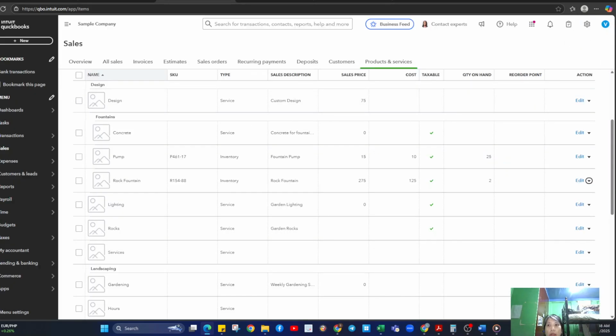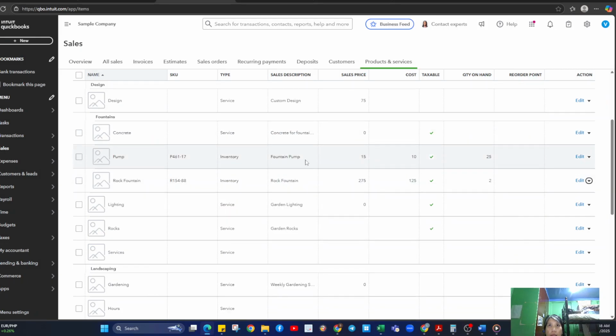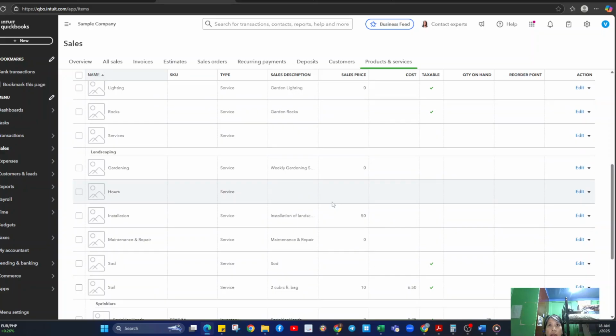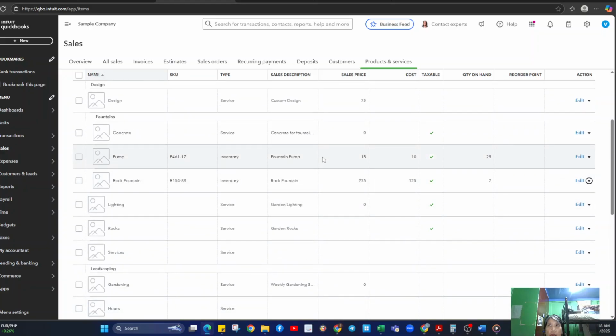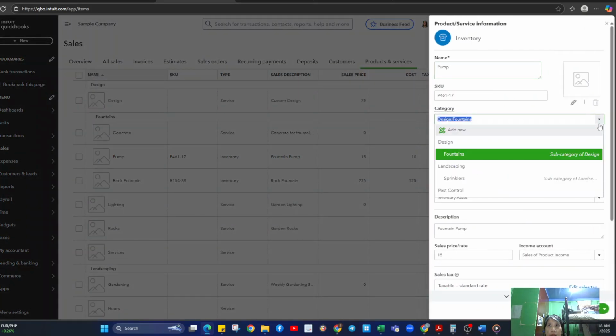But what about pumps? I don't know if there's a category for pumps. There's no pumps, but there's something that they have to also look into, because if pumps would fall under sprinklers, that's okay. If pumps would fall under sprinklers, and we make edit, then this sign would go for sprinklers, right?